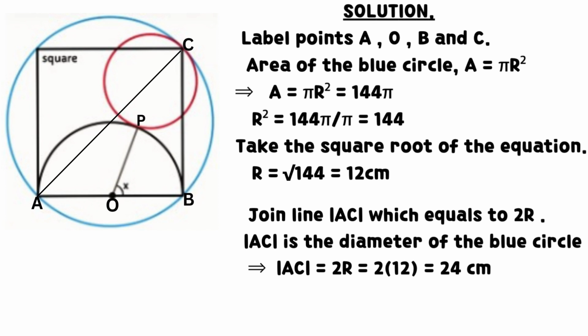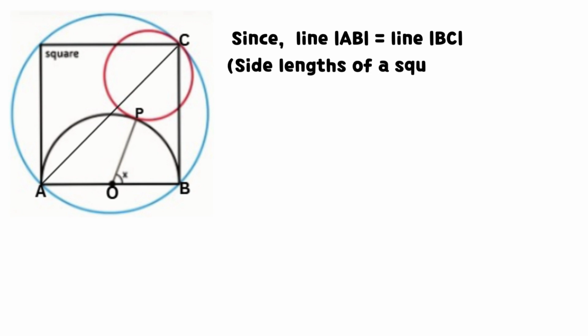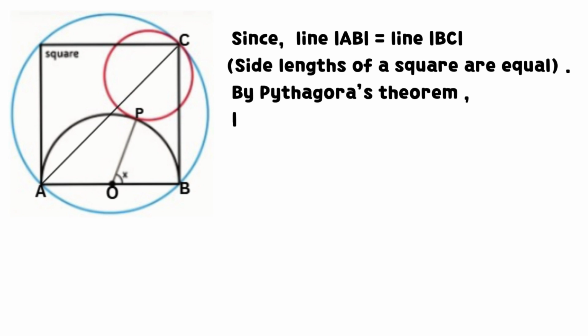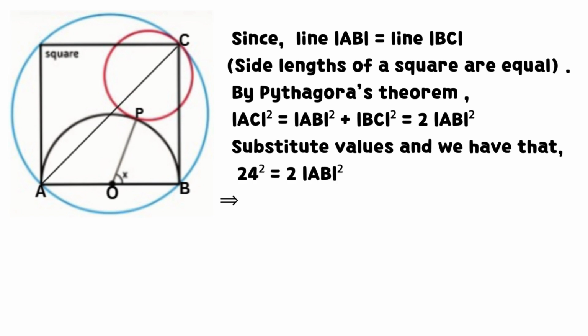Let us find the length of the square. Since line AC is the length of the diagonal of the square, we will achieve this by using Pythagoras theorem. Also, we will find the length of the line OA and line OB. Since line AB equals line BC, because the side lengths of a square are equal, by Pythagoras theorem the square of line AC equals the sum of the square of line AB and the square of line BC, which equals 2 times the square of line AB.